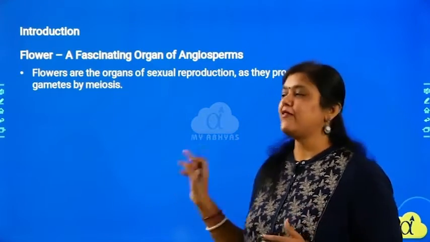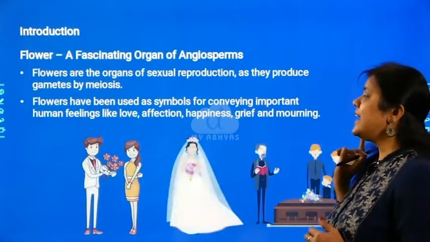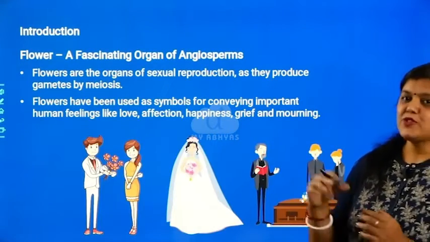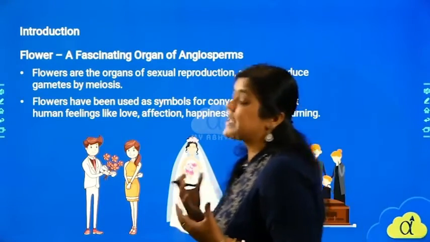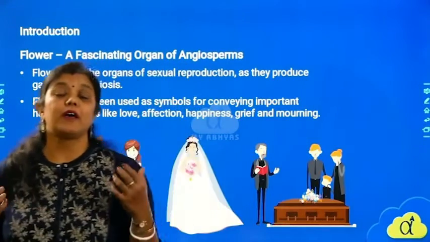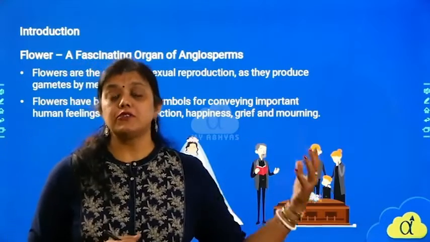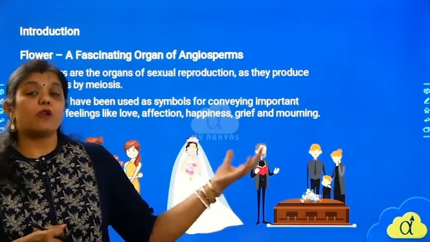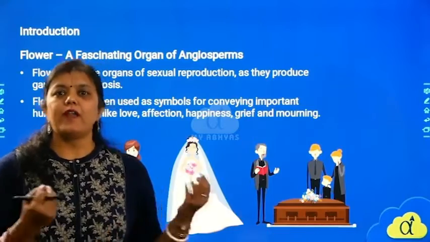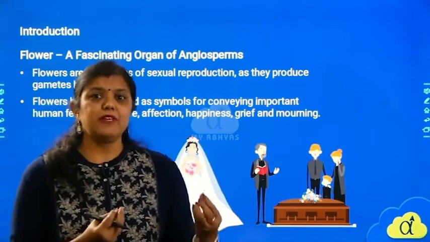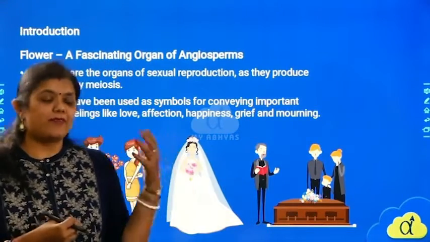We use flowers on different occasions, in happiness, in sadness, for our cultural things, during social performances, or in devotional things, where every place we represent that thing with a flower.